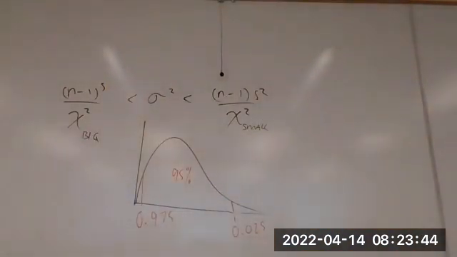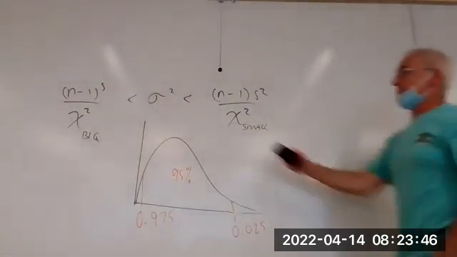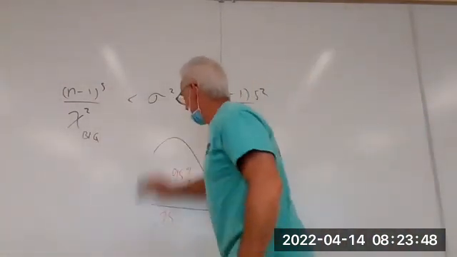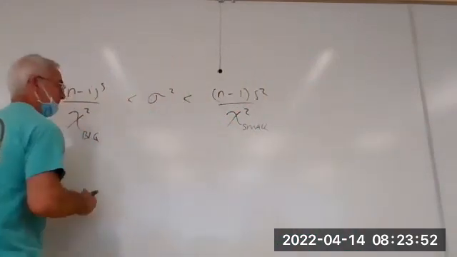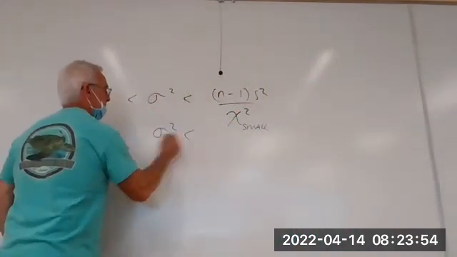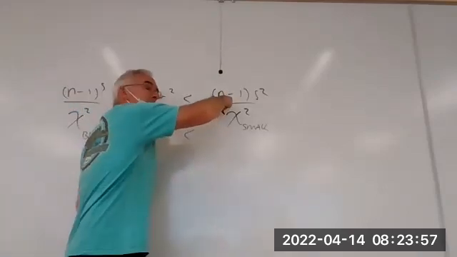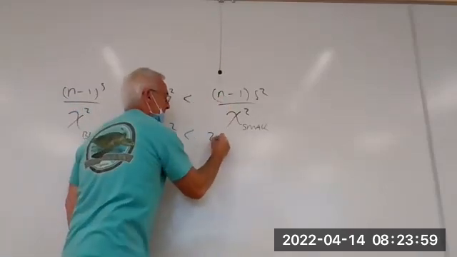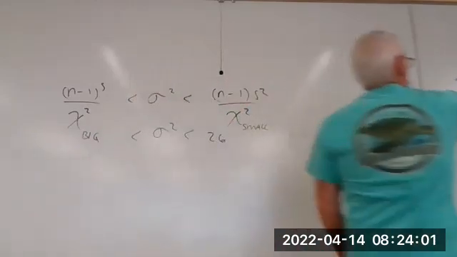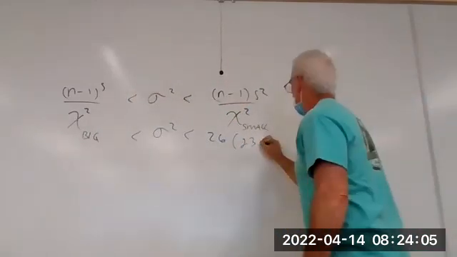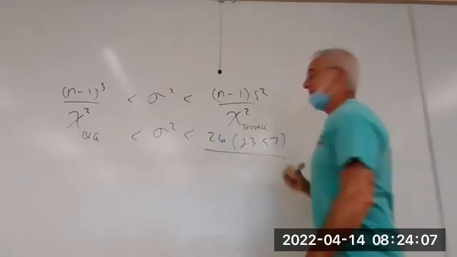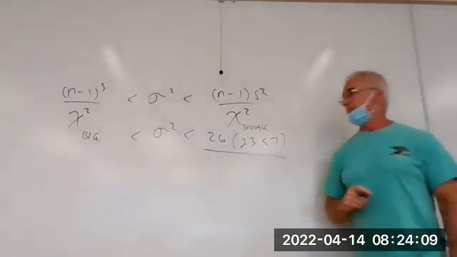Okay. It's getting recorded, but this is the formula we're going to use. We just wrote it down. So, what am I going to use for this problem? Sigma squared is between what and what? Well, n minus 1 is 26. S squared, 23.57. It's going to be over something.